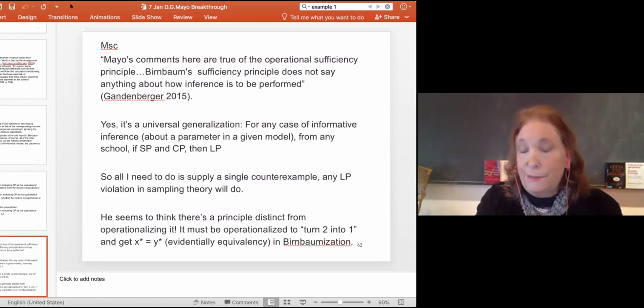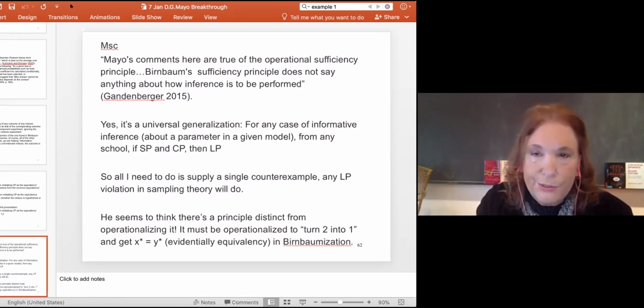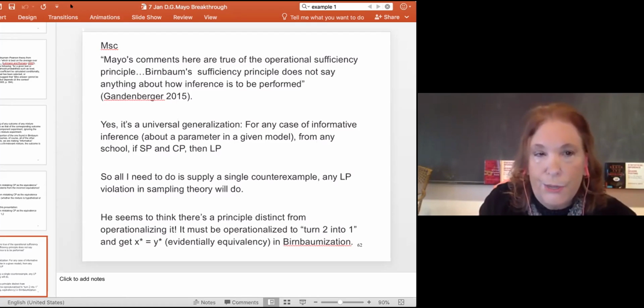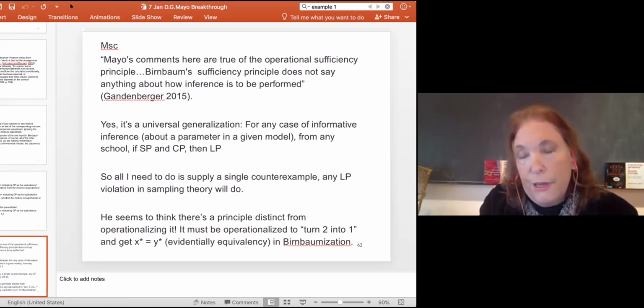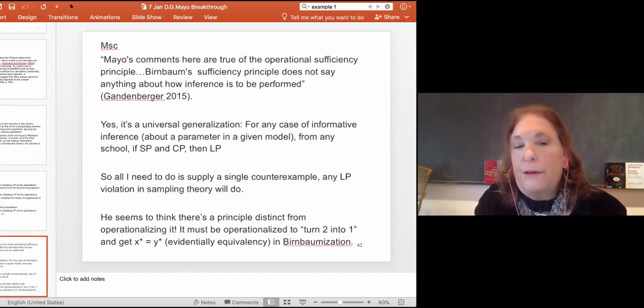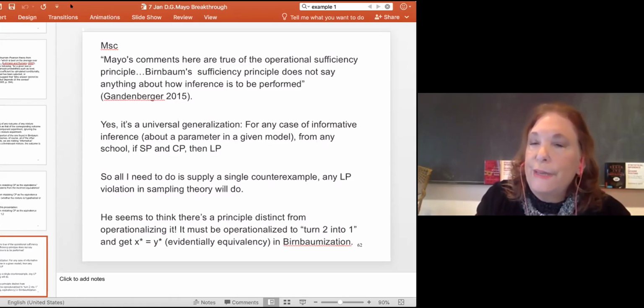The other thing that makes this so interesting, I think, for logic people like me, is that as you know, the only thing you have to do to show an argument is invalid, when you've got this universal generalization that is claimed to be shown, is find a single case in any inference school of any likelihood principle pair where, even though you hold on to sufficiency and conditionality, you do not have equal inferential import. And that's all you need to show invalidity.